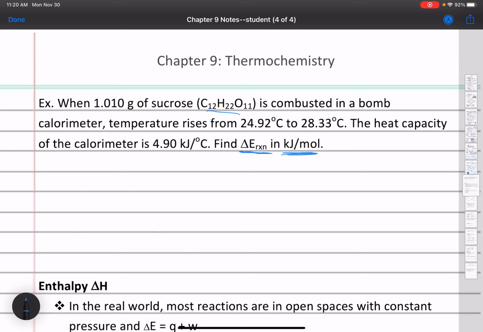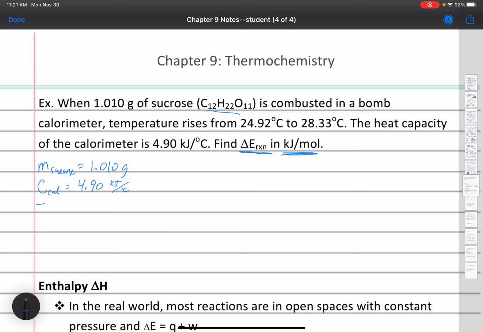Okay, so let's see what we have. The mass of sucrose is 1.010 grams. And we have a calorimeter. The heat capacity of the calorimeter is 4.90 kilojoules per degree Celsius.